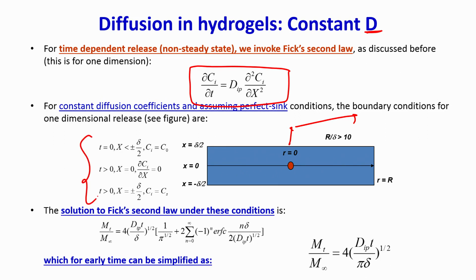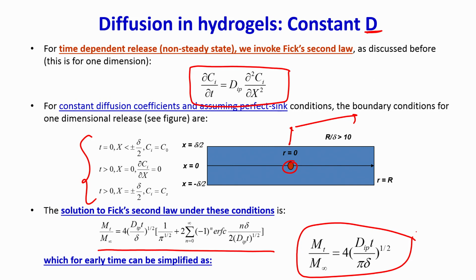At t equal to 0, x is less than delta by 2, where the concentration of the drug is defined here, and at t greater than 0, del c with respect to distance x is 0. We put this all together and get a Fick's law solution, which is this, and if we only consider early time points we can neglect a few of the terms and then the release will be like this.